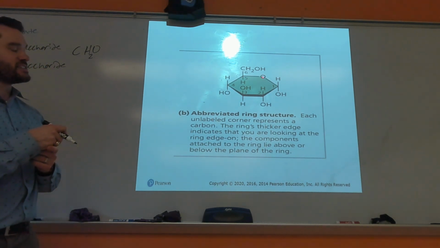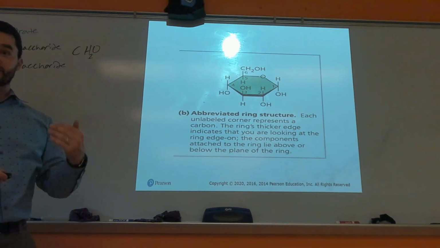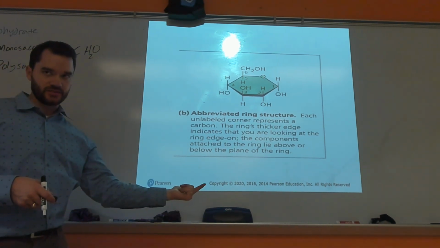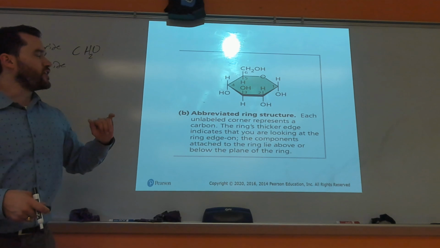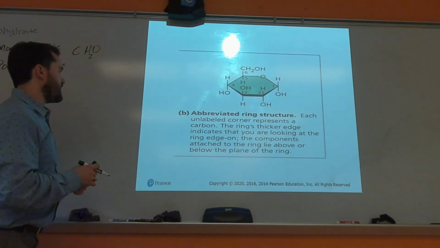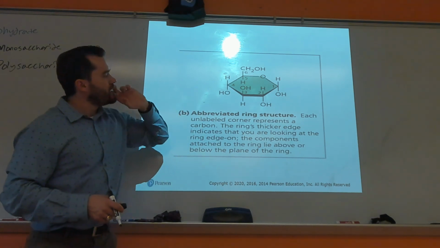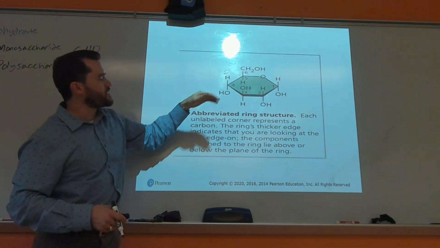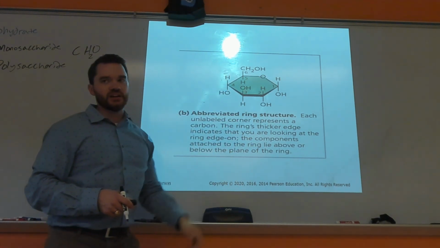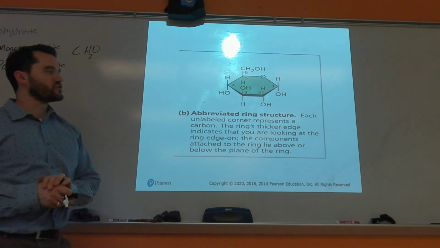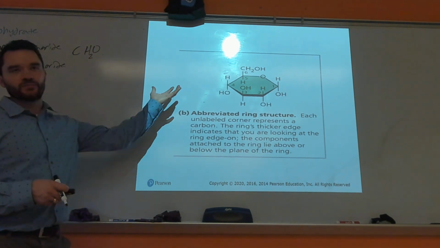Now here, because this corner isn't a carbon, it's an oxygen, they label it something else. I also told you a lot of times they will leave off the hydrogens. You could leave off the hydrogens here, but they usually don't because they want to show those hydroxyl groups. But anyways, this is the abbreviated structure of it.